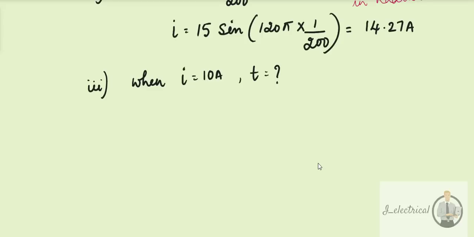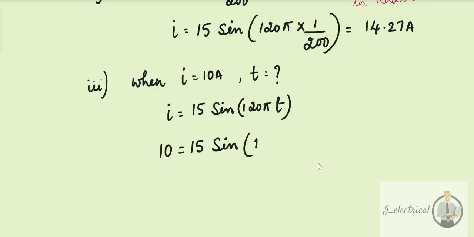So to do that again, I know I is equal to 15 sine 120 pi t. They have given the instantaneous value, so 10 is equal to 15 sine 120 pi t. I am sending this 15 to the other side, so I will be getting 10 by 15 is equal to sine 120 pi t.